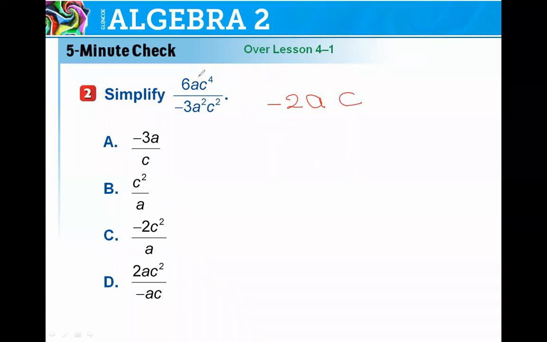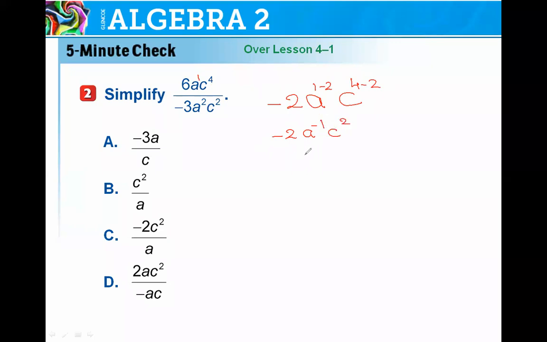We need to subtract the powers of a: 1 minus 2 gives -1. Then for c, 4 minus 2 gives 2. So -2 as it is, a power -1, and c power 2.